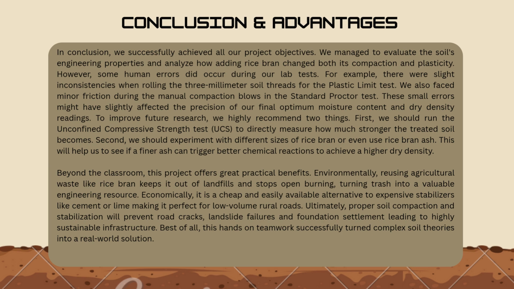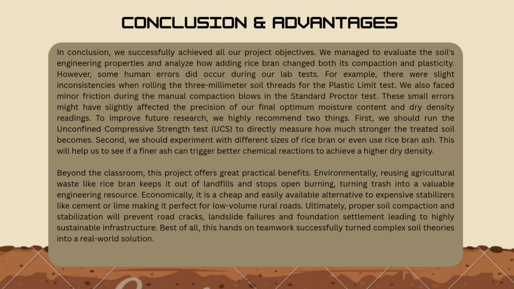We also faced minor friction during the manual compaction blows in the standard proctor test. These small errors might have slightly affected the precision of our final optimum moisture content and dry density readings.